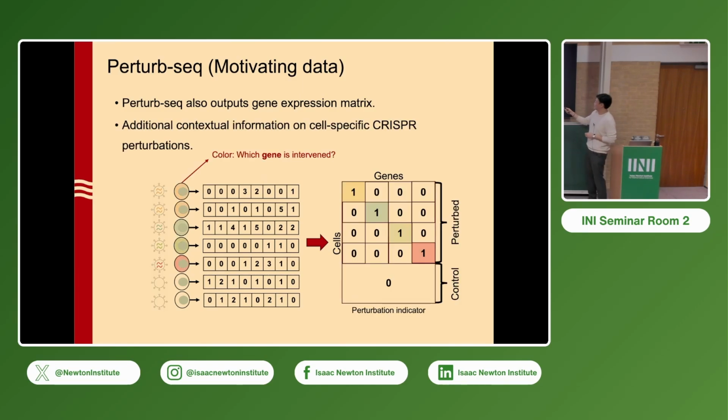That gives you this matrix, but we have additional contextual information on which gene was intervened for each cell. That information is given in the data. For example, the color that I put over here represents which gene was actually intervened for that particular cell. For example, the first two cells are colored yellow. You can just know that for these two cells, yes.